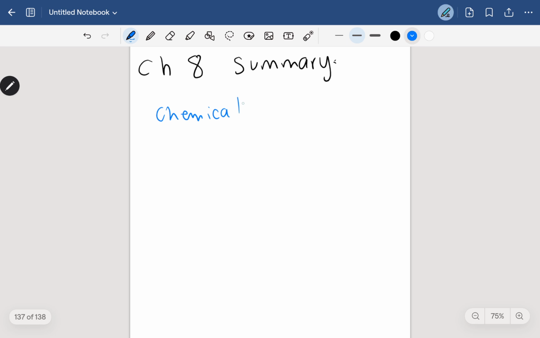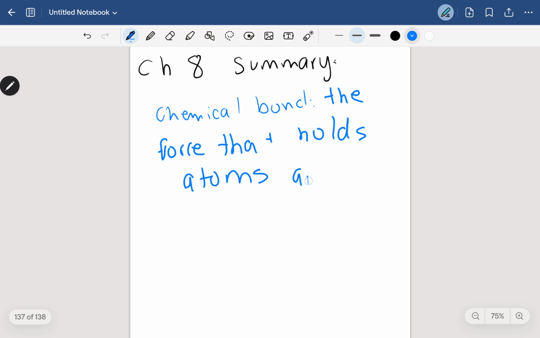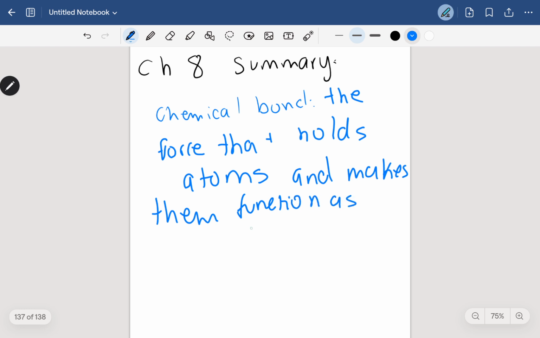So we have a chemical bond. What is a chemical bond? So a chemical bond is the force, okay? It is the force that holds atoms and makes them function as one unit. Meaning, for example, a very famous compound is NaCl.